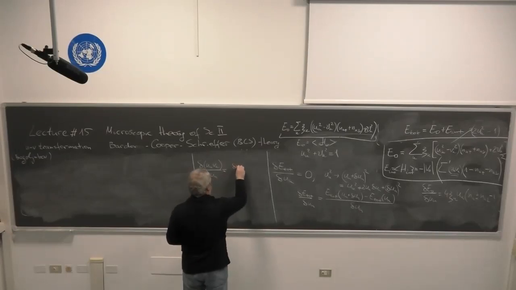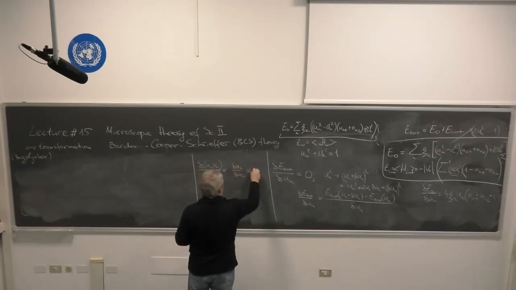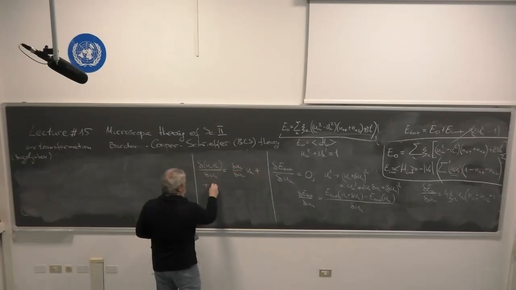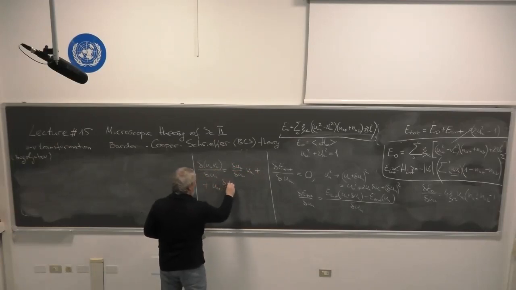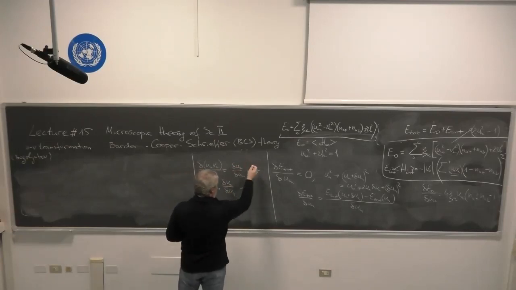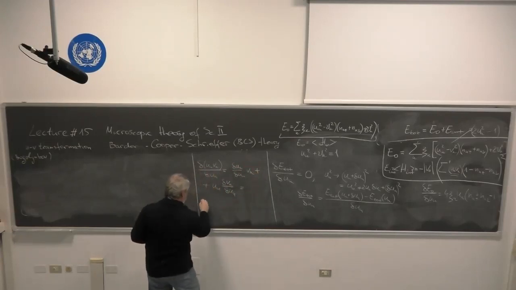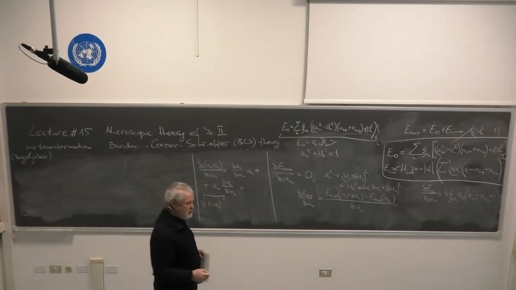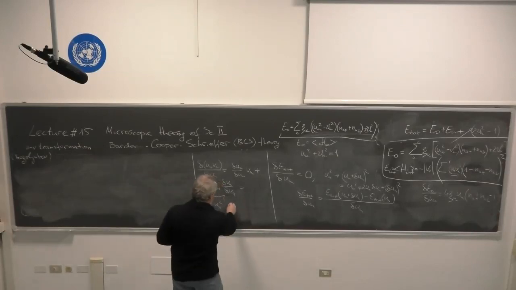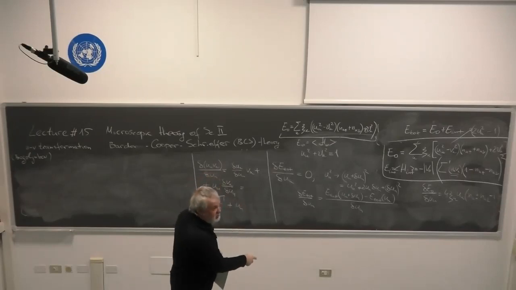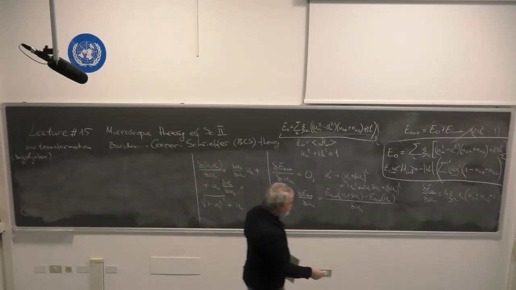So this is δu_k over δu_k times v_k, plus u_k δv_k over δu_k. The first term, of course, gives me v_k. And v_k, you remember, is the square root of 1 minus u_k squared. I need to express everything in terms of u_k. Plus u_k. Now, this is a standard derivative over v.